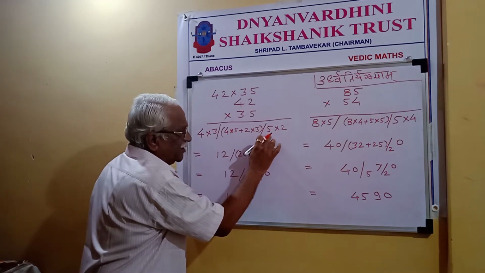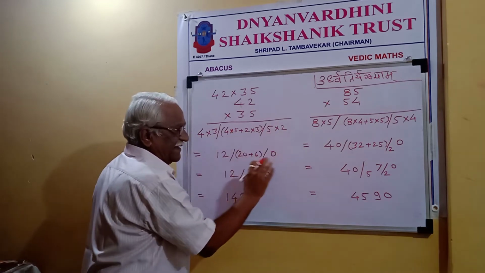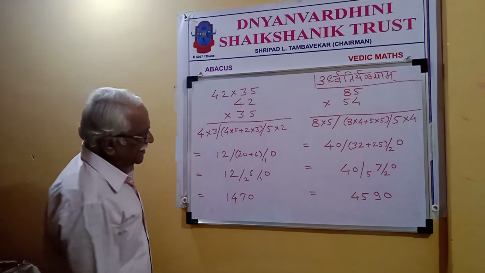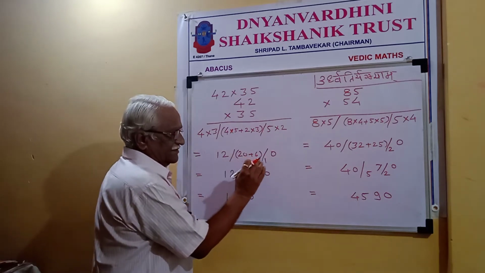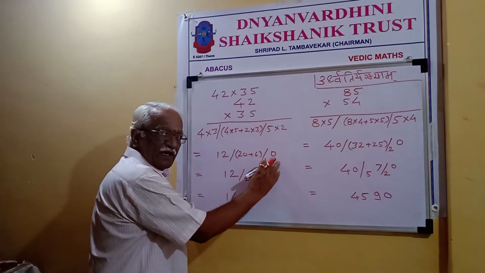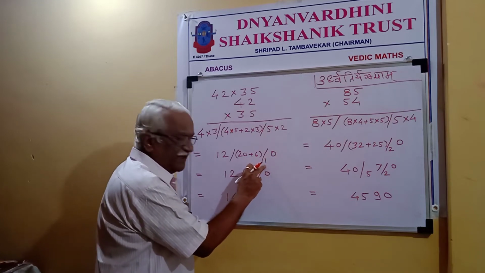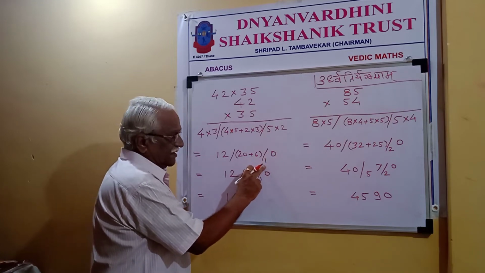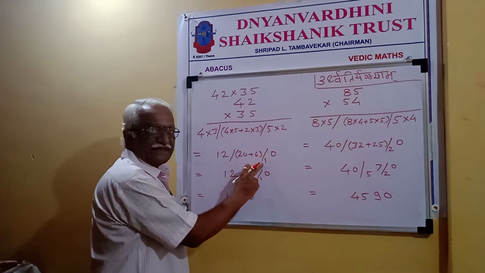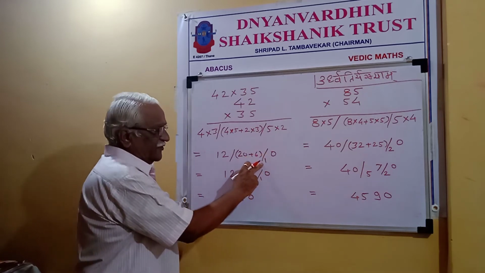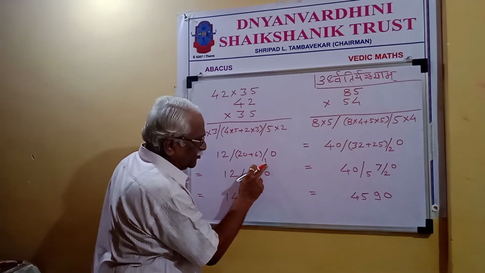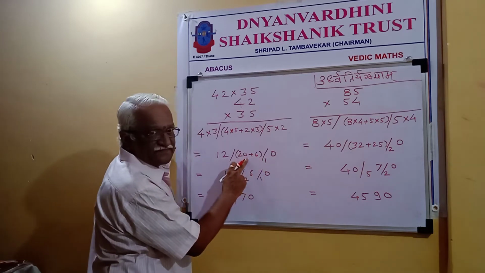Here we will go ahead: 5 into 2, 10. Here we have to write 10, that is 0 up and 1 to be carried forward. So it should be written at the bottom of the slash, so we understand that we have to add this 1 in this figure.